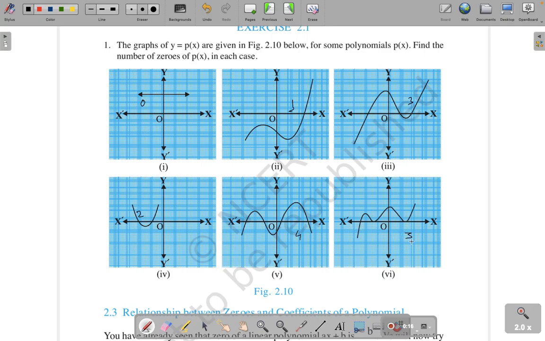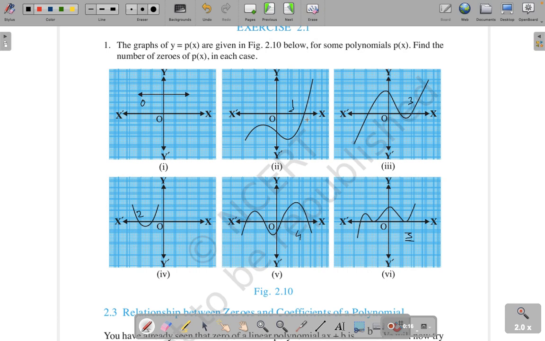Okay, so does this mean that the degree is 3? No, it is not necessary. It could be a quadratic equation or cubic. For example, it has only one root, right? Does it mean that the degree is 1?